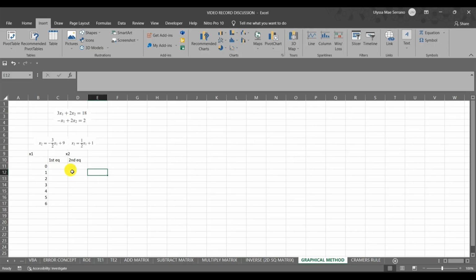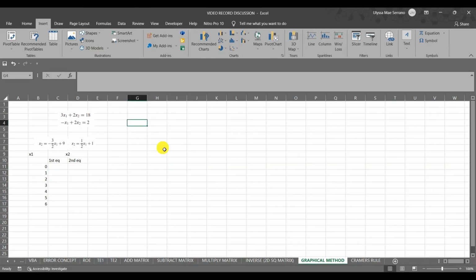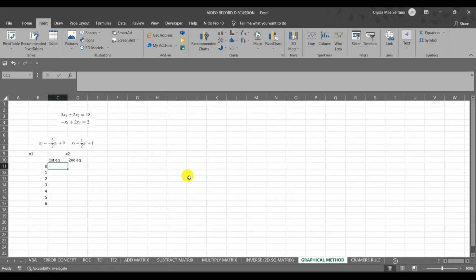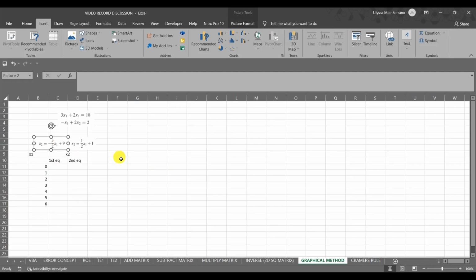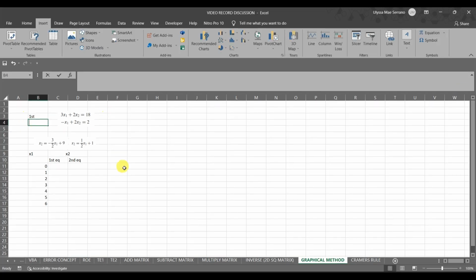We can also use Excel in applying the graphical method. We have here for the given example 3x sub 1 plus 2x sub 2 equals 18, and negative x sub 1 plus 2x sub 2 equals 2. For the first equation, we were able to find this rearrangement of the given equation, and this is for the second equation.